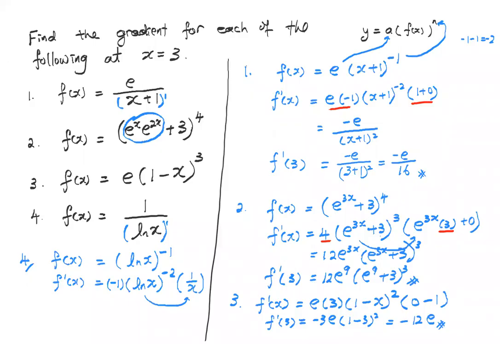Yeah, so therefore your f prime 3 will be equal to -1 over x, which is 3, ln 3, the whole thing squared. That's all. Okay, is there any other issue?